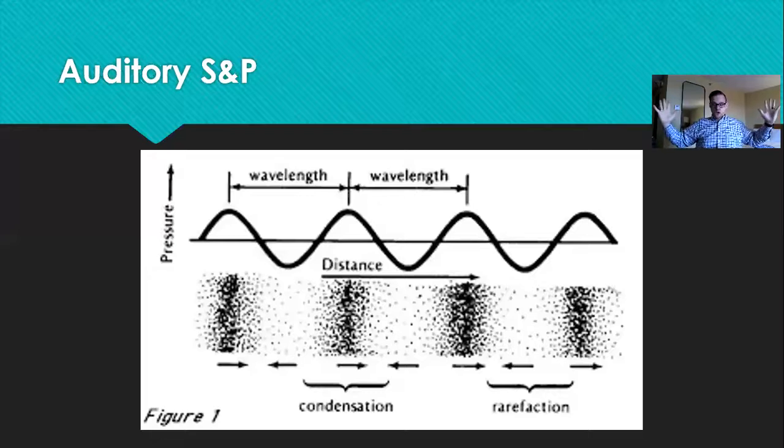So it's super condensed, super rarefied, super condensed, super rarefied, as opposed to a very high amplitude but long wavelength, which would be more like super condensed, really rarefied. You notice how I went slower the second time than the first time, because the first time the wavelength was shorter, since those alternating points of condensation and rarefaction were alternating faster. All right.